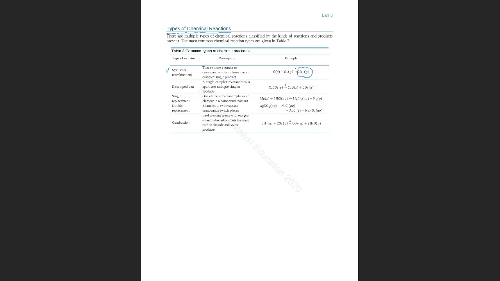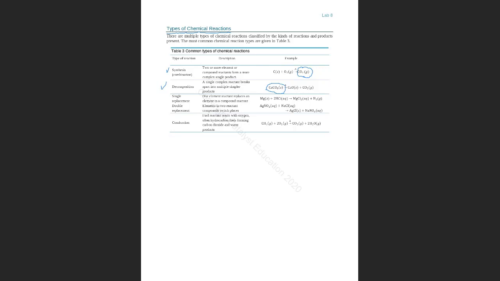The second type is decomposition. It's also very easy to recognize. It's basically the opposite of synthesis. What are you going to look at to recognize this type of reaction? Well, if you see that on the reactant side you have just one single substance, then you know this is a decomposition.